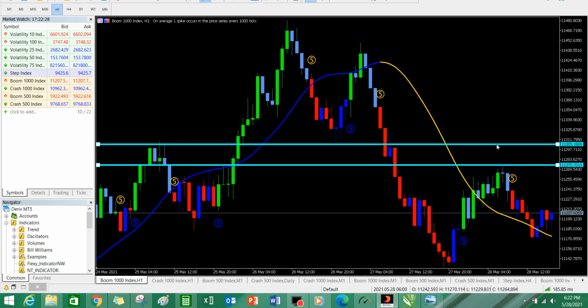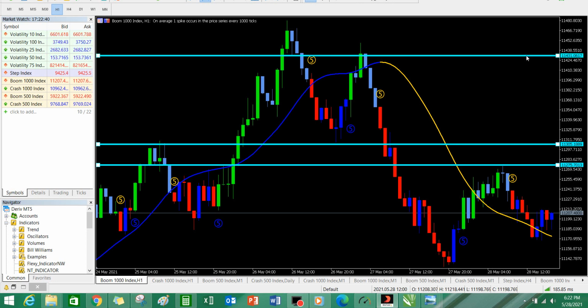If it breaks out from here, then definitely we should see a total reversal in price action. Then we should experience the price action get to this level before there will be a reversal again in our price action.